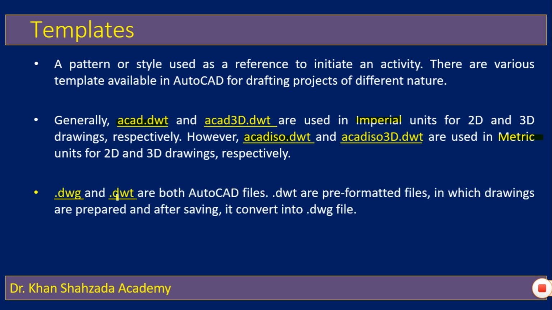The .dwg or .dwt are the file types or extensions for Civil 3D drawings. If the file type is .dwt, then it means that you are starting your drawing from a template. However, if you are directly starting a new drawing that is not from a template, then its file type will be .dwg.